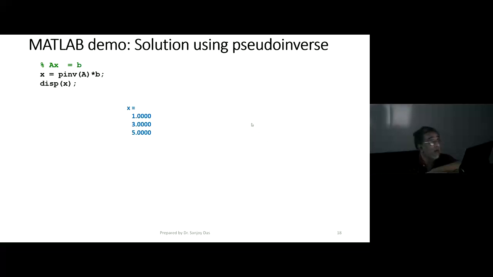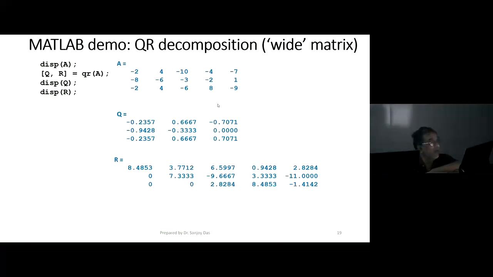Okay. Another Matlab thing. Now, QR decomposition of a wide matrix. Now, this is my A. I just transposed the matrix that I had earlier. So this is my A. Okay, and this gives me the full QR decomposition. I don't have any redundant zeros this time.